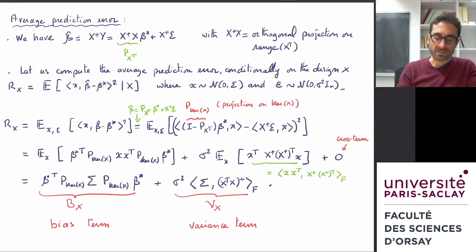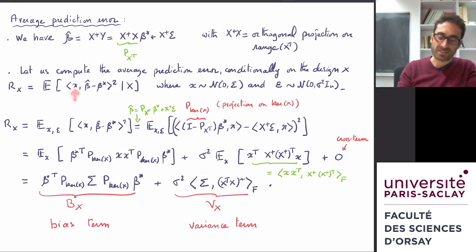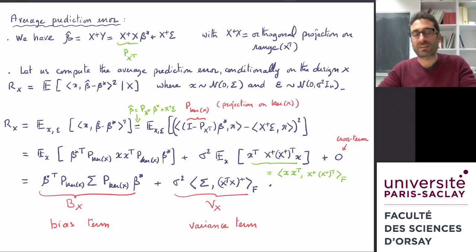I take the difference of the two, put it to the square, and take the average over the noise epsilon in the learning dataset, and over the new point x. We assume that x follows a Gaussian distribution with covariance sigma, exactly like the learning points xi, and epsilon is Gaussian with a variance sigma. And we work conditionally on the design, the learning points xi.